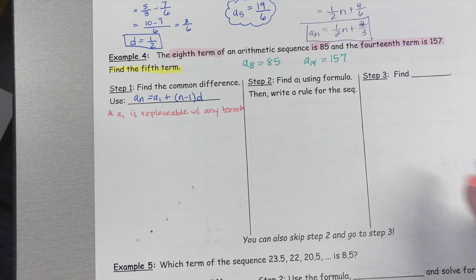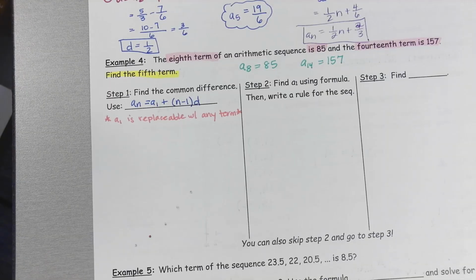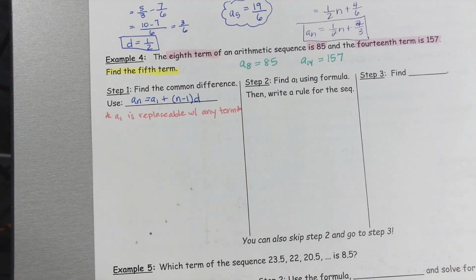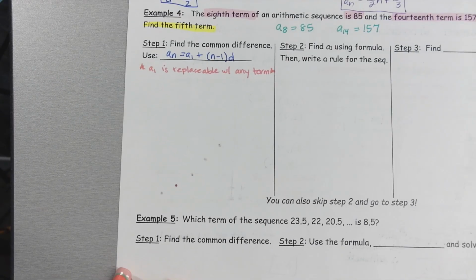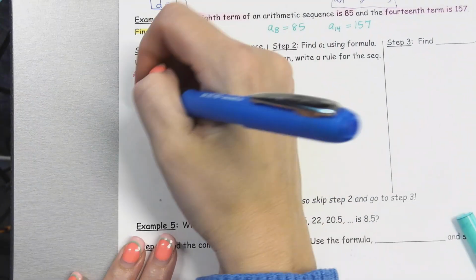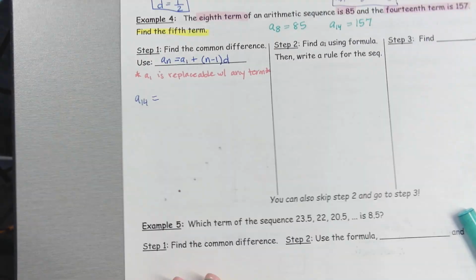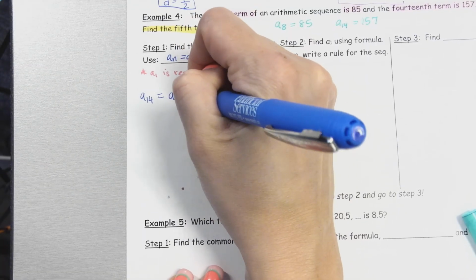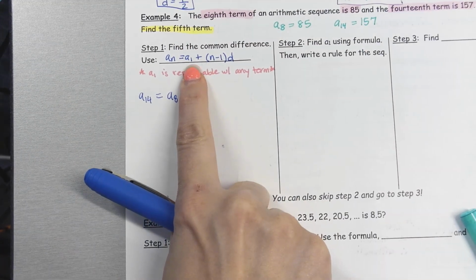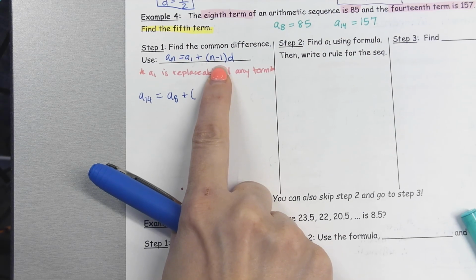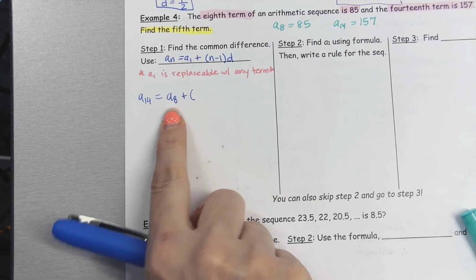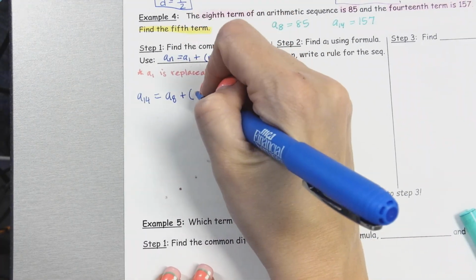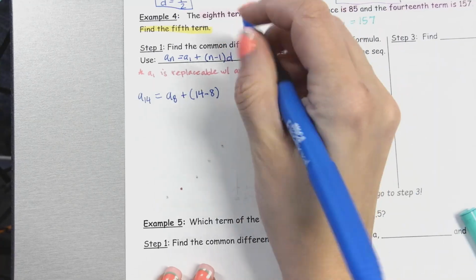Okay, so if you have a sub 14 and a sub 8, what you can do is rewrite this so that you have a sub 14 is equal to, and instead of a sub 1, you can write a sub 8. But because this is a sub 1, this is n minus 1. So in this case, if it's 8, instead of minus 1, you're going to have minus 8. The n in this case is 14. So you're going to have 14 minus 8 times d.